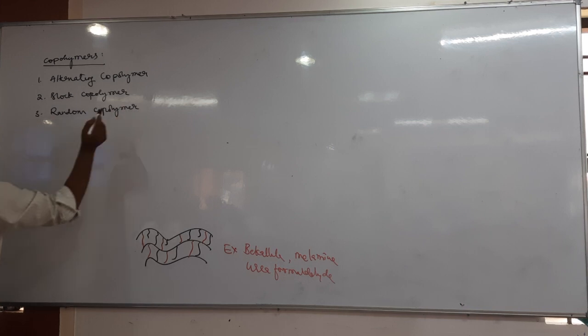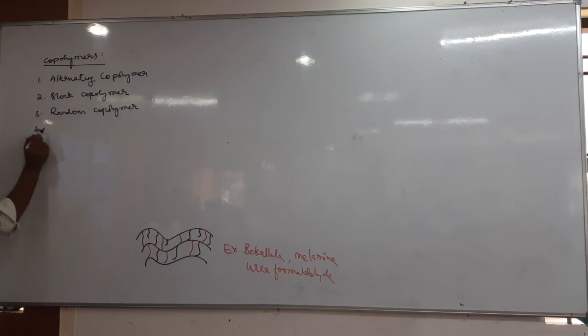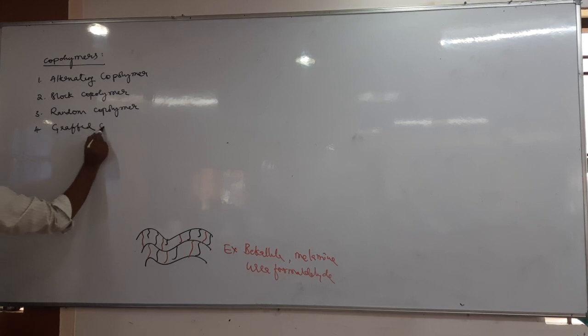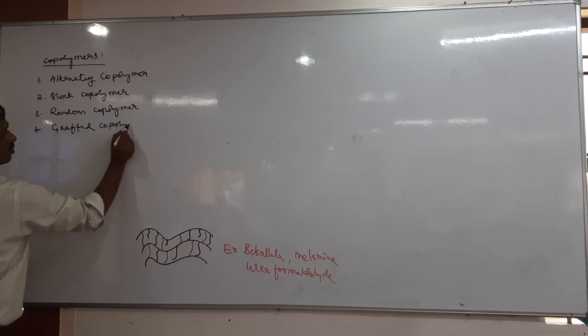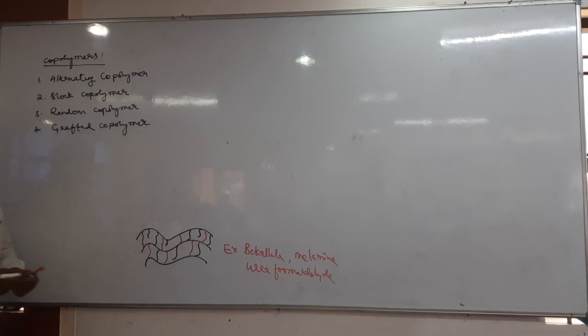And 4, grafted copolymer. Okay, so this classification is made based on the arrangement of monomers. Therefore, based on the arrangement of monomers they are classified into 4 types.